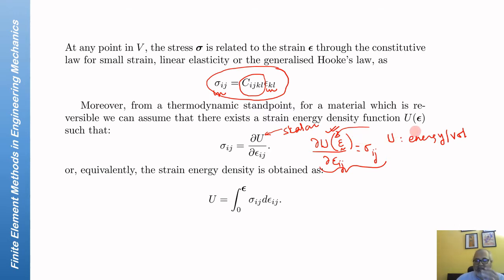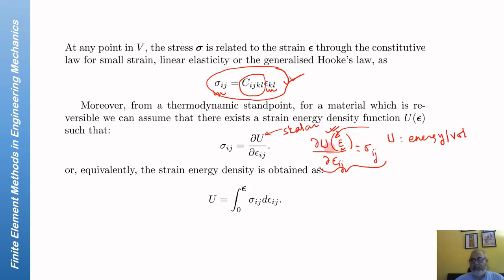However, for other kinds of material, for nonlinear materials, you can have different forms of U. It's not necessary that it has to be always quadratic, but for the sake of this course, we will stay confined to materials that possess a quadratic strain energy density, and therefore they have a linear stress strain relationship.